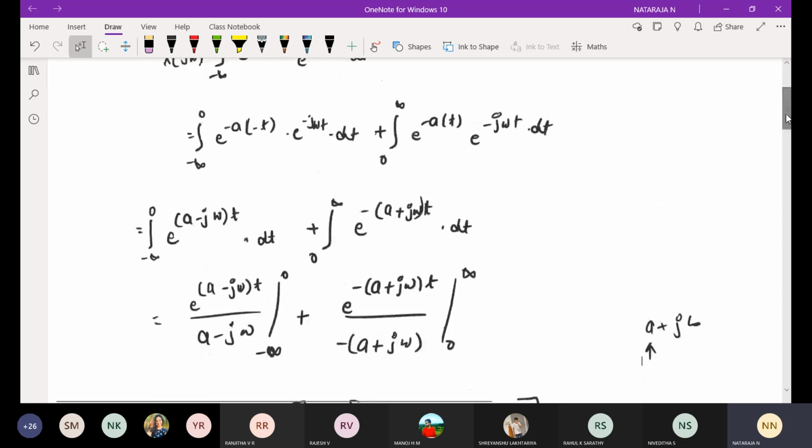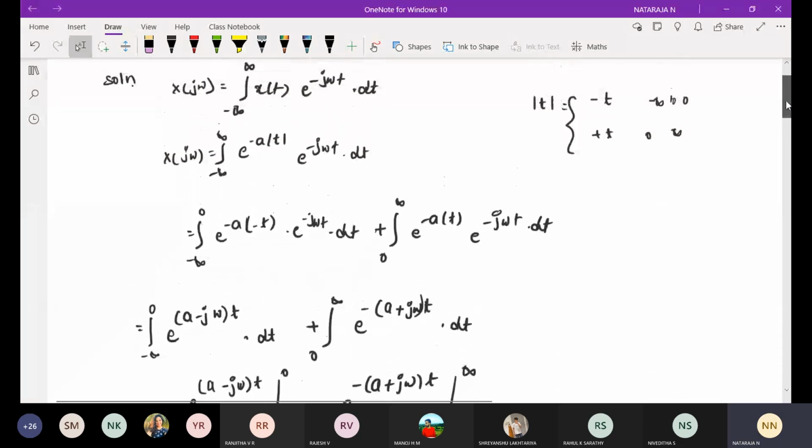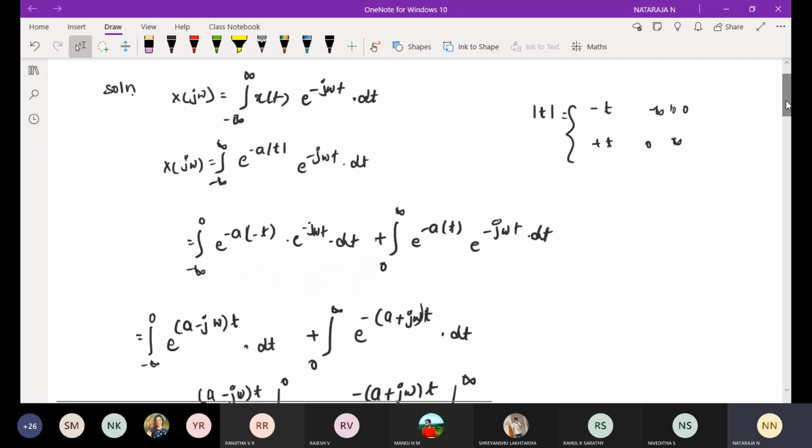Make a note of this. Then we'll try to sketch the spectrum.